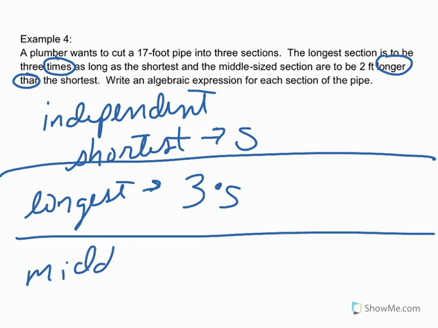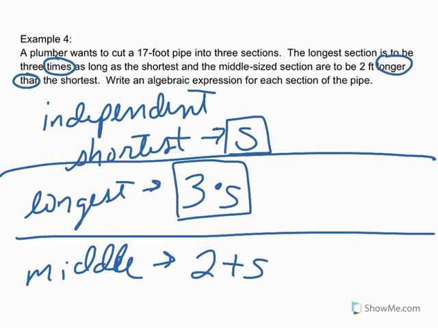The middle size section, they tell us, is to be 2 feet longer than the shortest. That would be 2 more than S. So we have expressions for all three sections. The shortest side is just S. The longest side is 3 times as big as S. And the middle side is 2 feet longer than S.